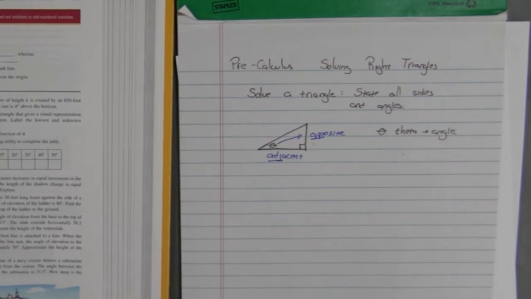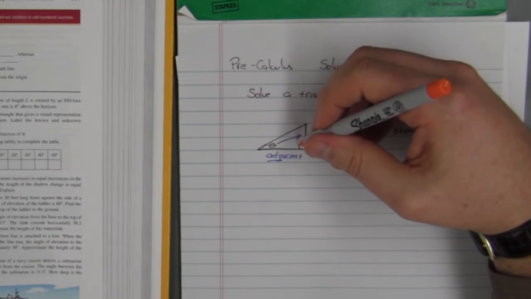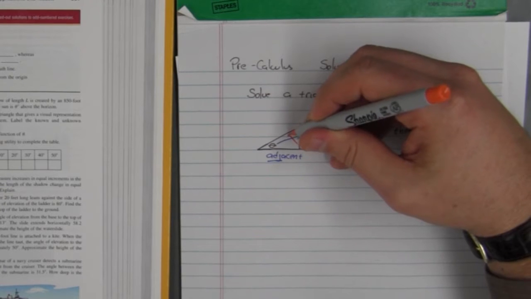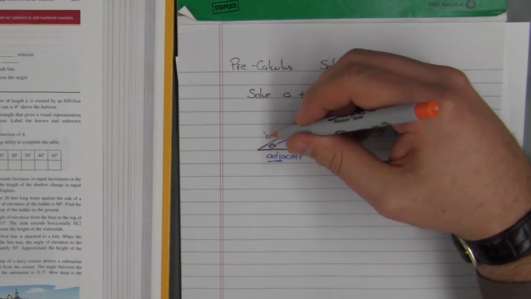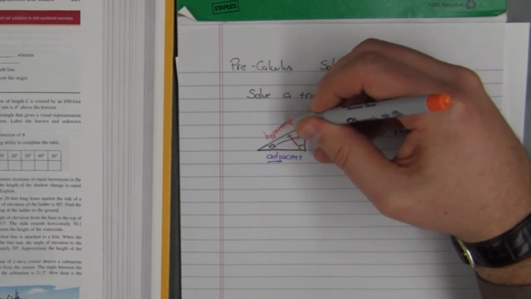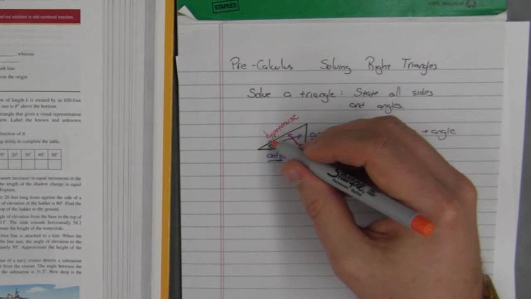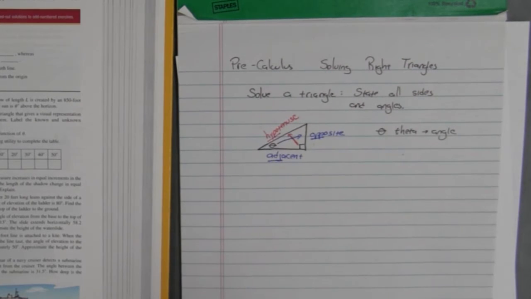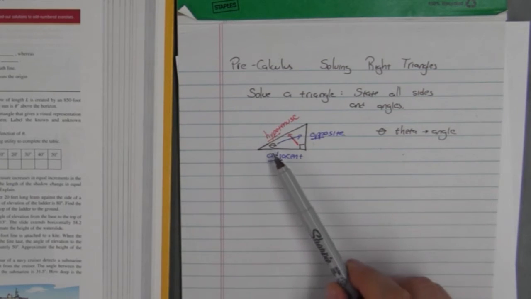Just like when you were learning the Pythagorean theorem, the side that is across from the right angle is the hypotenuse, and we usually abbreviate that HYP. So those are all the sides of the triangle relative to this angle.